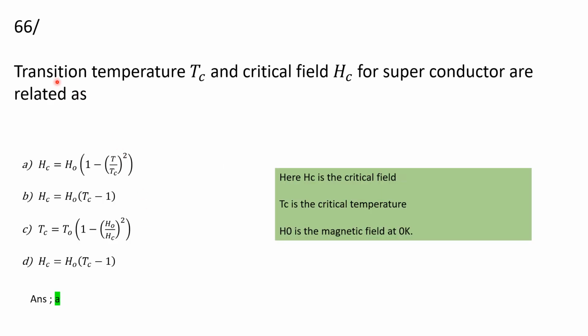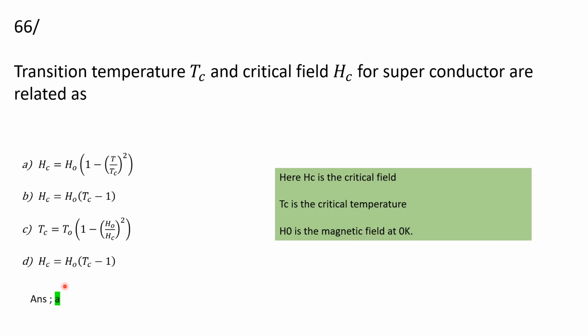Then, the transition temperature Tc and critical field Hc for superconductors are related as? The correct answer is Hc equals H naught times 1 minus (T by Tc) squared, where Hc is the critical field at temperature T, Tc is the critical temperature, and H naught is the magnetic field at temperature 0 Kelvin.